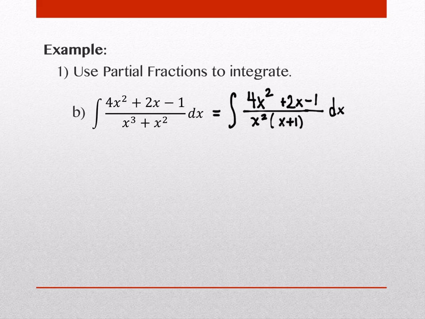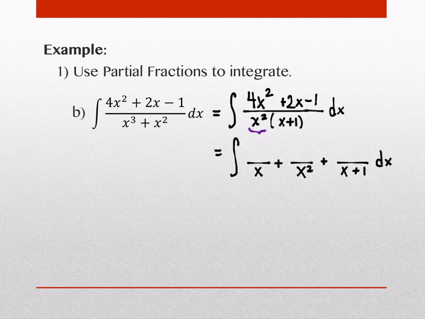Now here's where the tricky thing happens. We have a denominator of x squared, but we're also going to have a denominator of x. So when I separate this out, I end up with one denominator of x, one denominator of x squared, and one denominator of x plus 1.